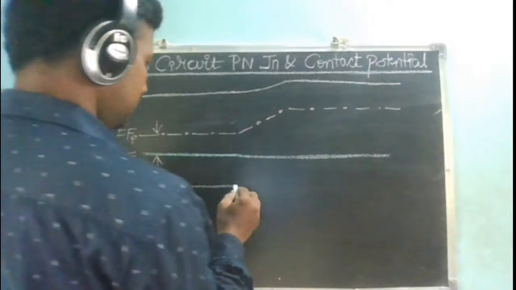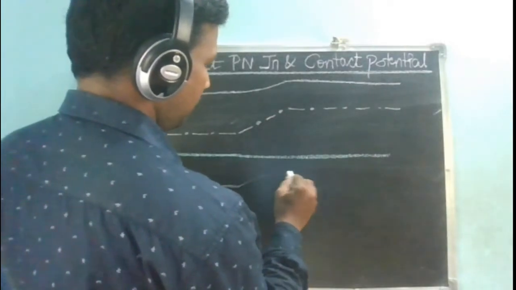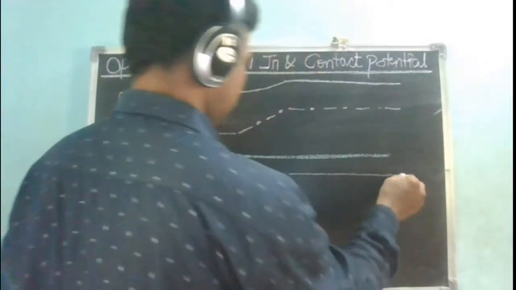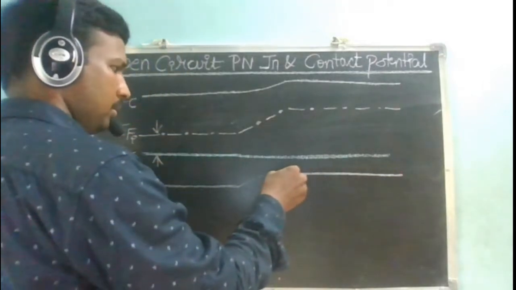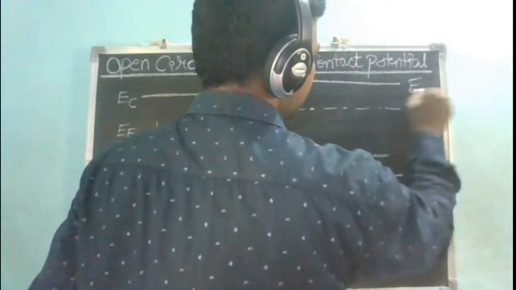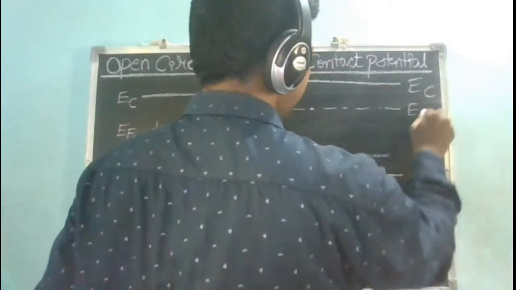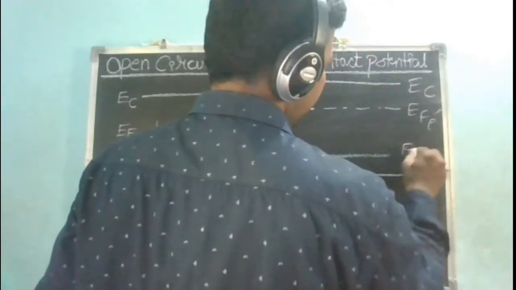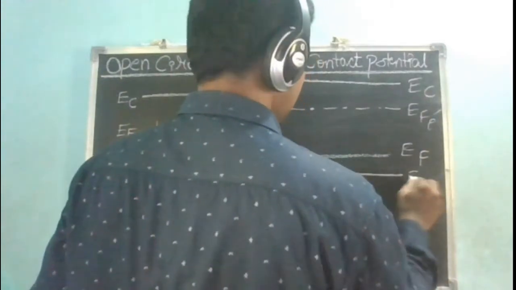So this is my EC of my P2, EFI of my P2, Fermi energy level and EV.